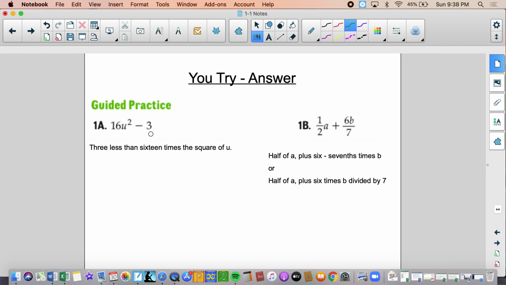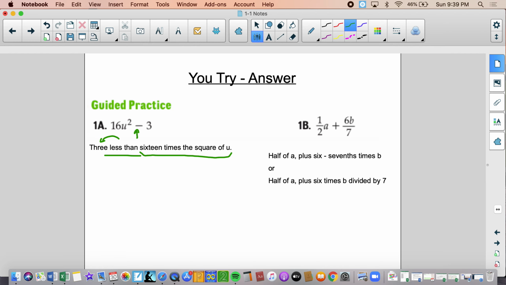Typically when we have subtraction, we use the term less than. So 3 less than, this less than goes to the 3, that negative gets written there, and then you have 16 times the square of u, or 16 times u to the 2nd power. I'm okay if you wrote 16 times u to the 2nd power minus 3. That's acceptable also.